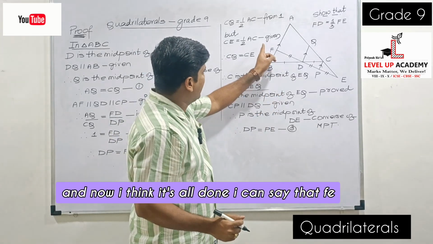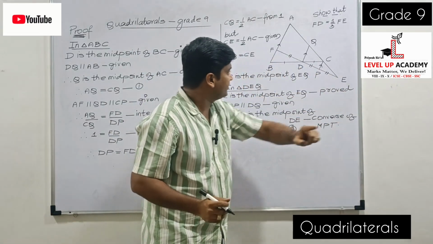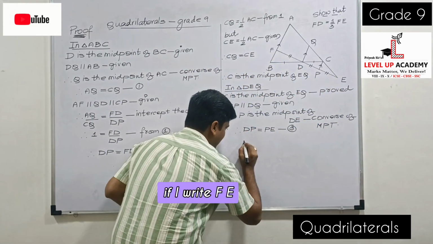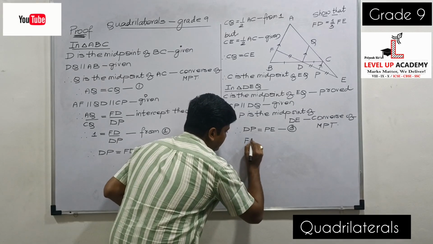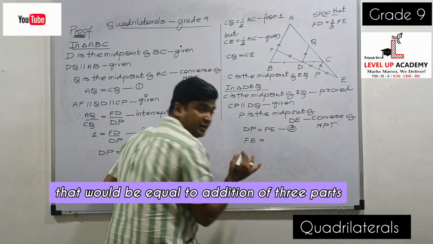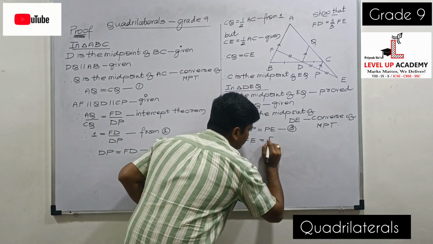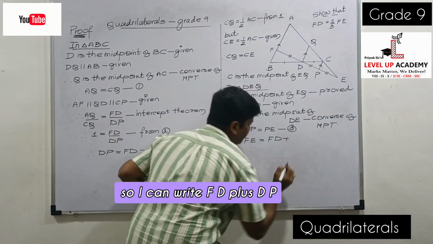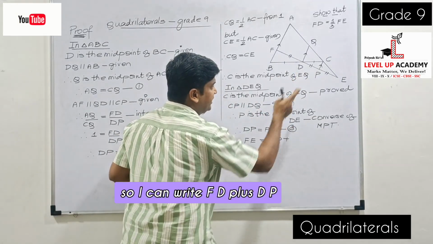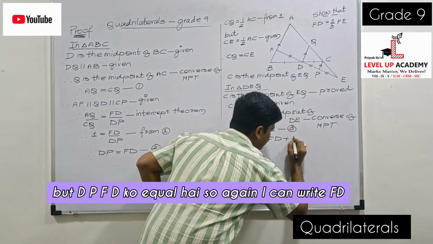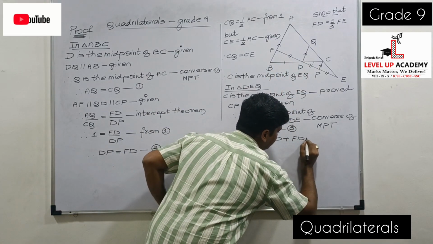I can say that FE, if I write FE, would be equal to the addition of 3 parts. So I can write FD plus DP, but DP is equal to FD, so again I write FD.